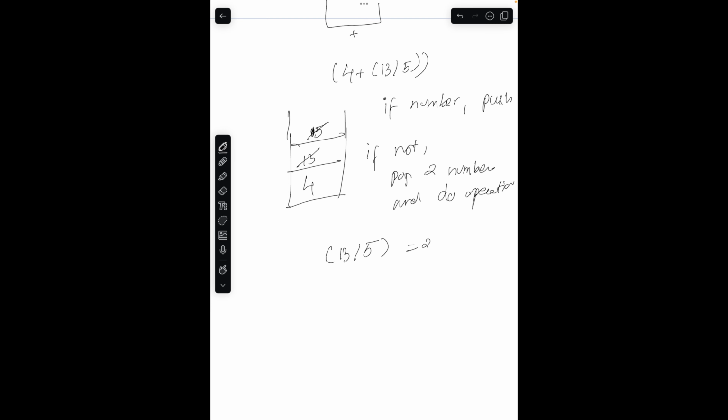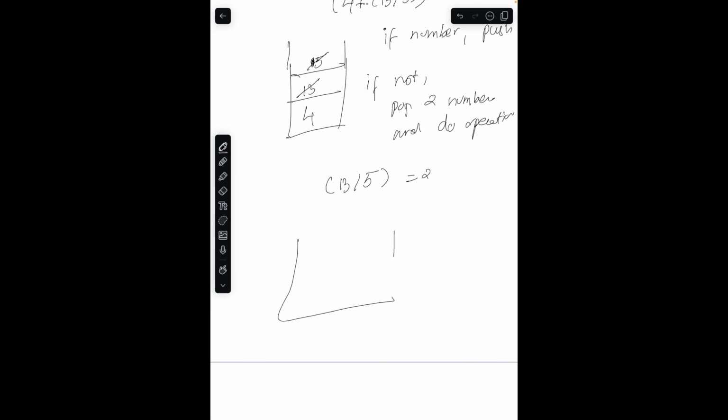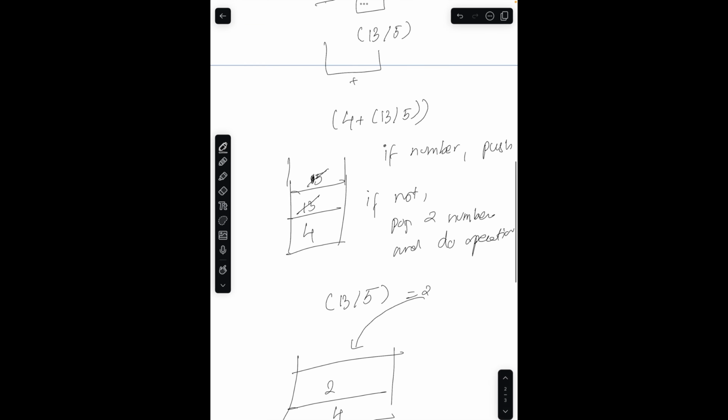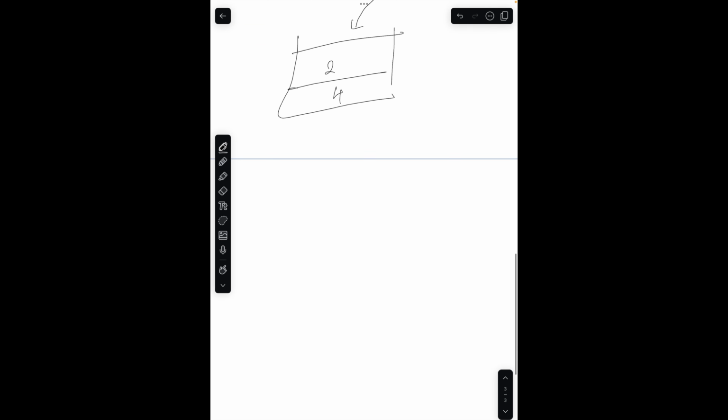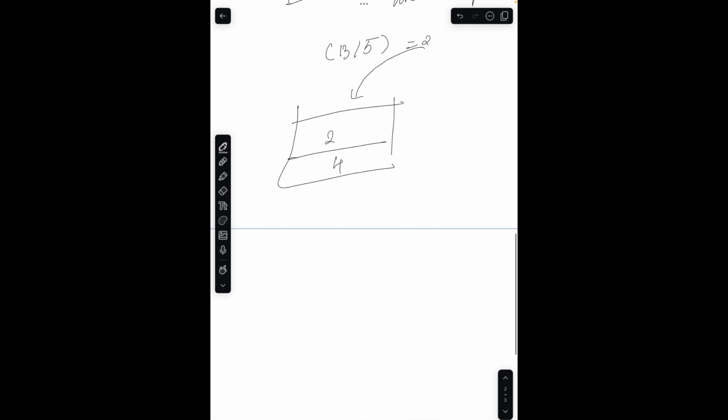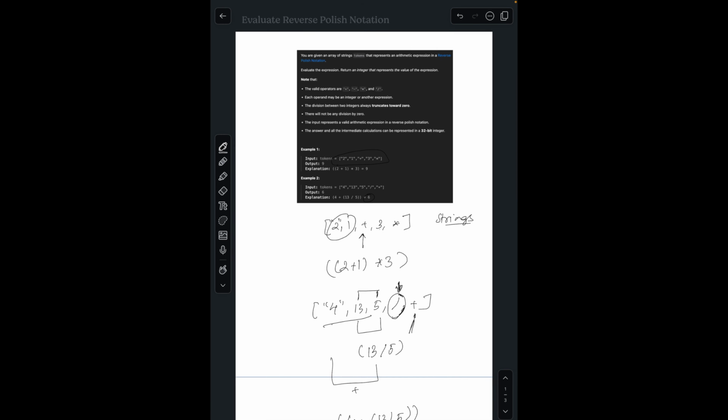What will this be? This will be 2 as an integer, and we push it in again. We push the answer into the stack. Then we have another addition, and we add 4 plus 2, giving 6, and 6 is our answer.